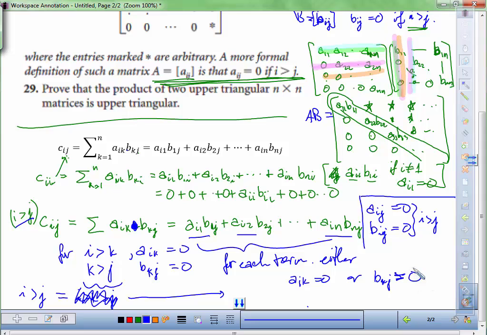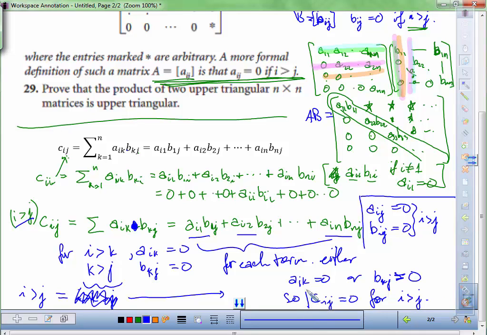And so that would just show that everything here is going to be equal to 0. And then we'll reiterate that this is true for when i is bigger than j. So each of these terms will disappear, and that would make your matrix lower triangular.